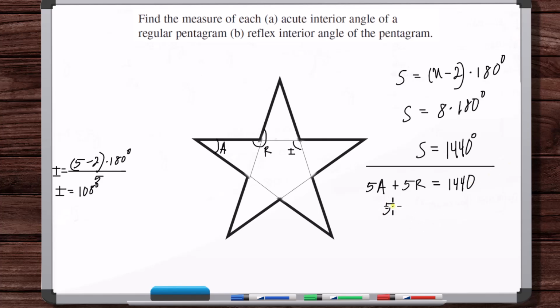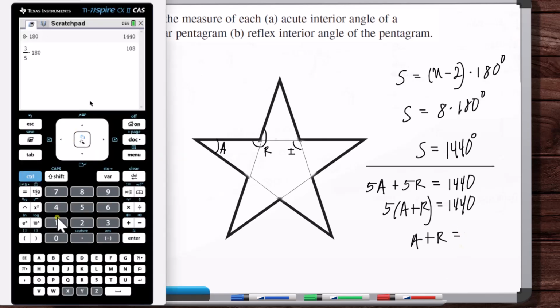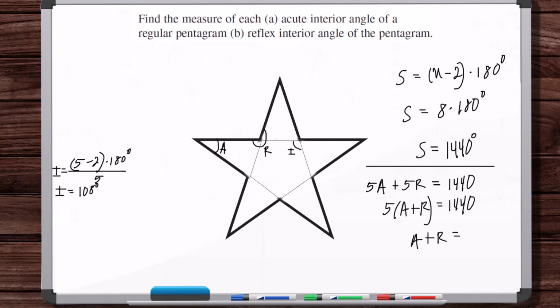So we can factor out a 5 here. So A plus R is equal to 288.